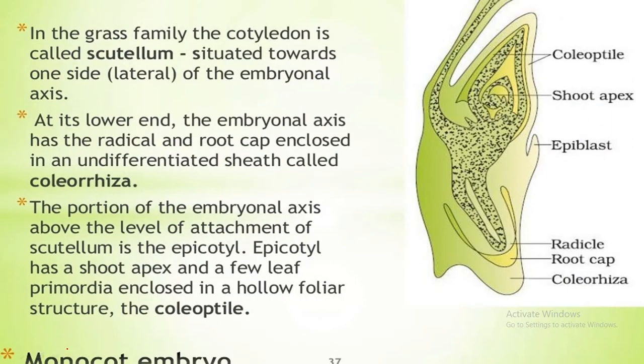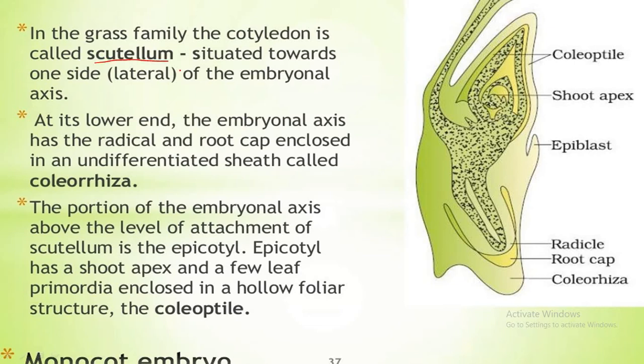Let us study the structure of the monocot embryo. The embryo of monocots possesses only one cotyledon at the lateral end of the embryonal axis, and this cotyledon is called scutellum. In monocots, the cotyledon is known as scutellum.